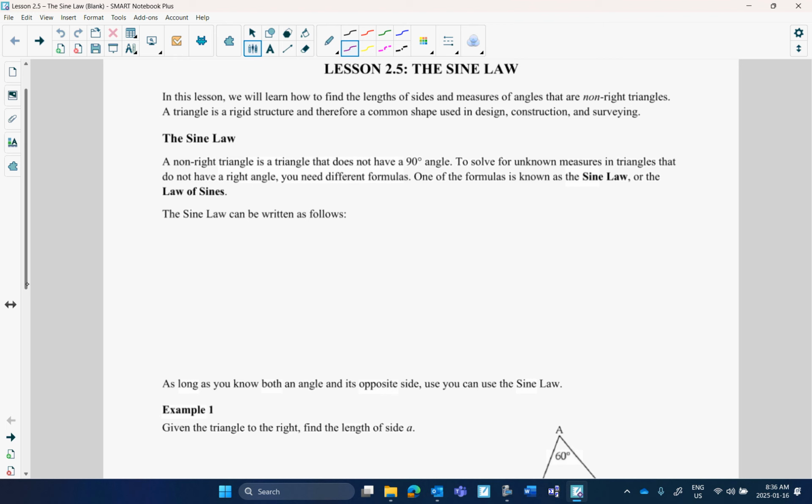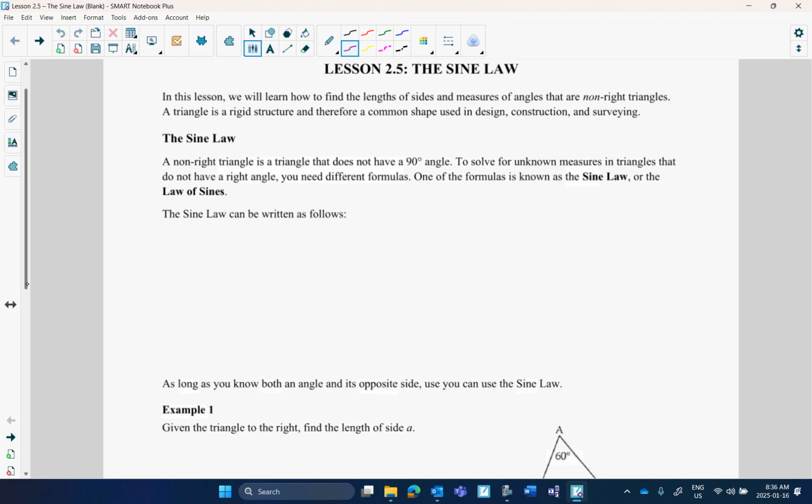functions to find. So I'm not going to go through the proof of how to use sine law to find missing sides and angles in certain non-right triangles, but basically it looks like this. So remember in any triangle, so we're talking non-right triangle, we've got three angles that we normally label with capital letters, and we've got three sides that we normally label with lowercase letters.